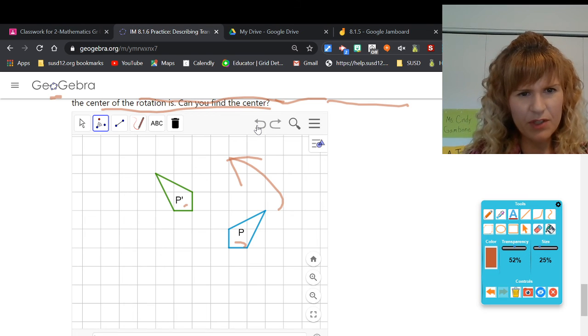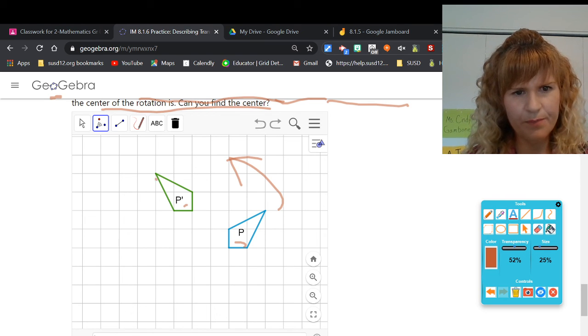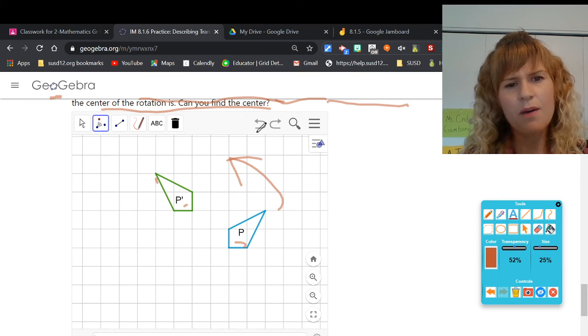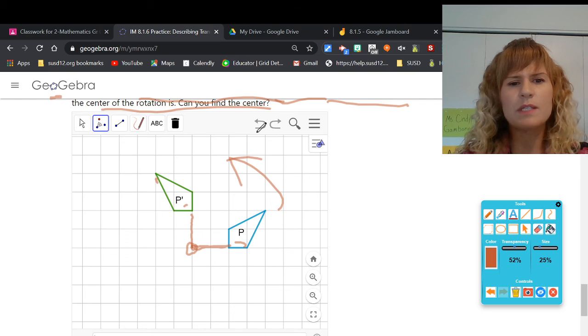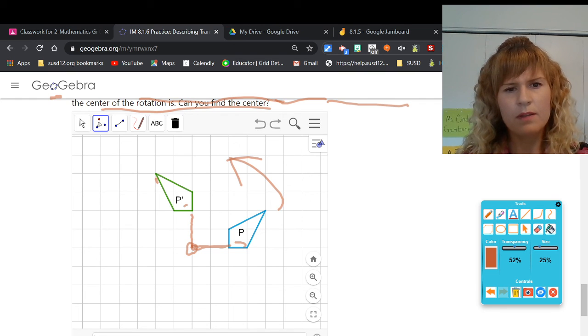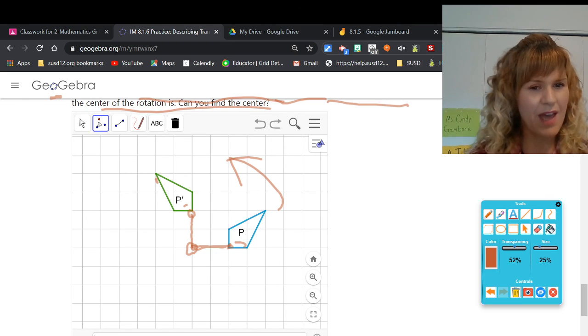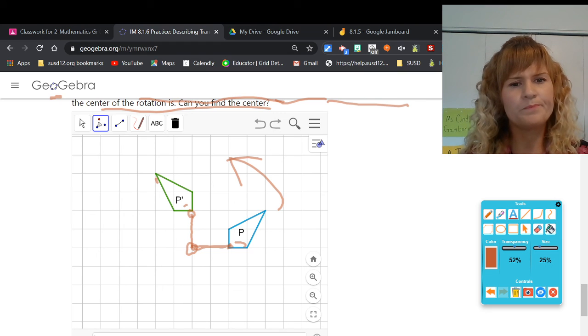Okay, if I'm going to visualize this a little easier, I need to find a point that is the equal distance from each of these. Oh, well how about this? This point here is 2 spaces away from that corner and 2 spaces away from this corner. Those are corresponding points. This corner and this corner are corresponding points, and they are equal distance to this point. Could that be the center of rotation?